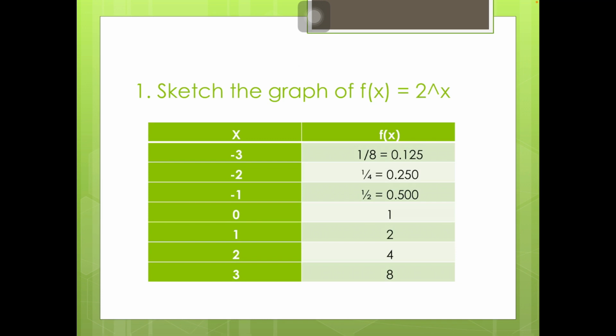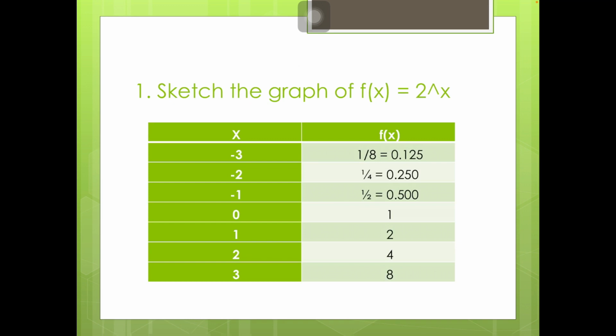For negative 2, our f of x is 1/4, and the decimal of that is 0.250. For negative 1, 1/2 is equal to 0.500.